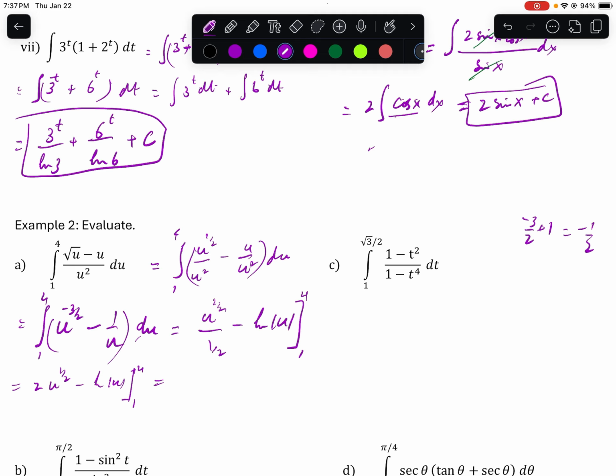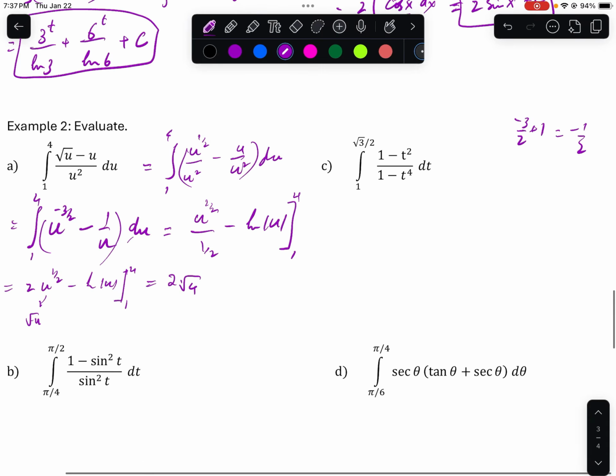Now first I plug in the 4. So I get 2 times 4 to the 1/2. This is actually the square root of u. So if you want, you can write here 2 times square root of 4, or you can write it as 4 to the 1/2 power, minus ln of absolute value of 4.